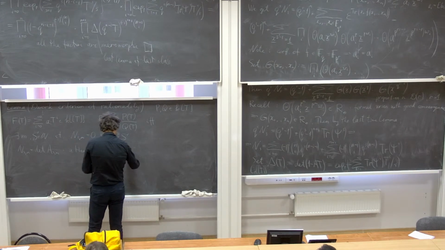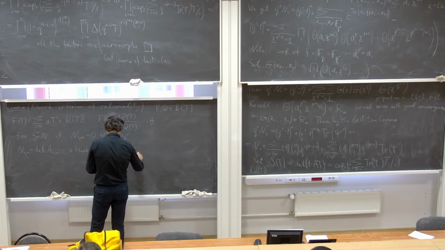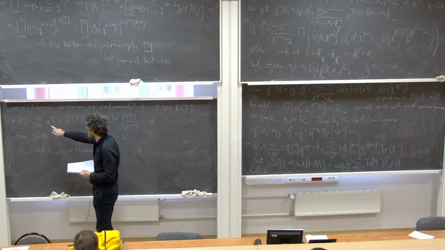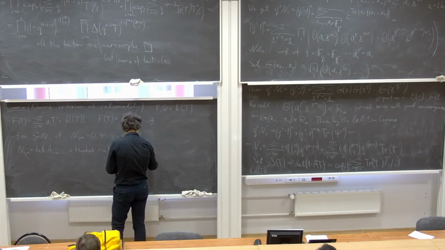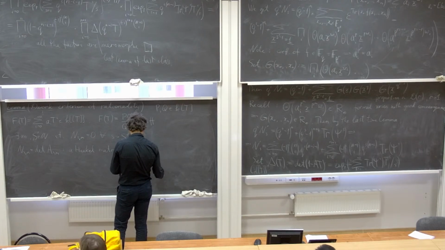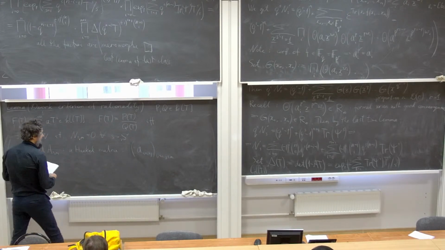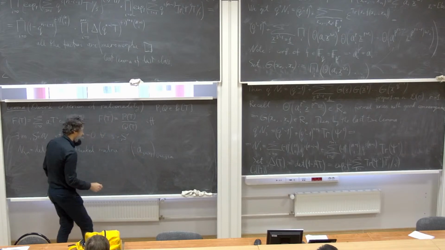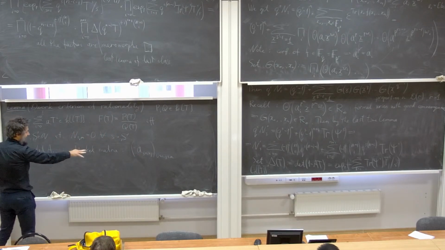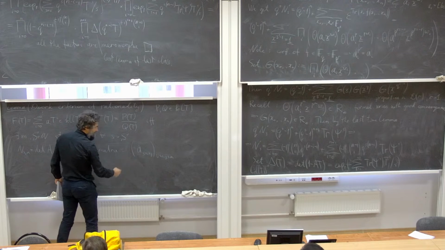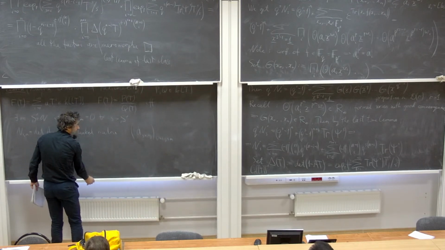Namely, it is the matrix like this, with coefficients a_{S+i+j}. So for example, let S be 0. Then what do we get?